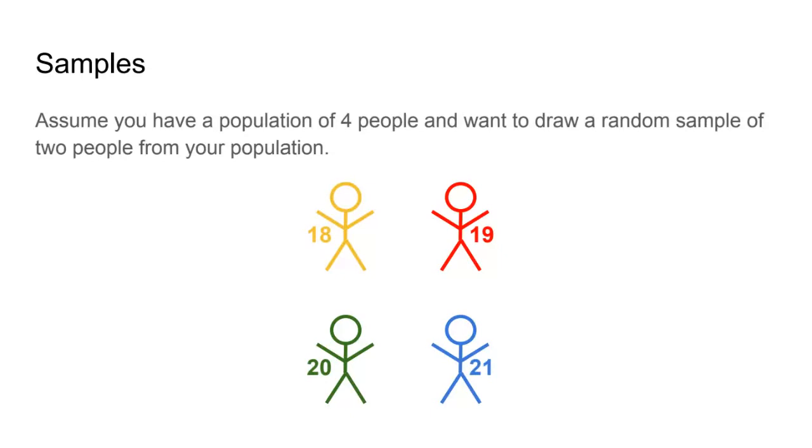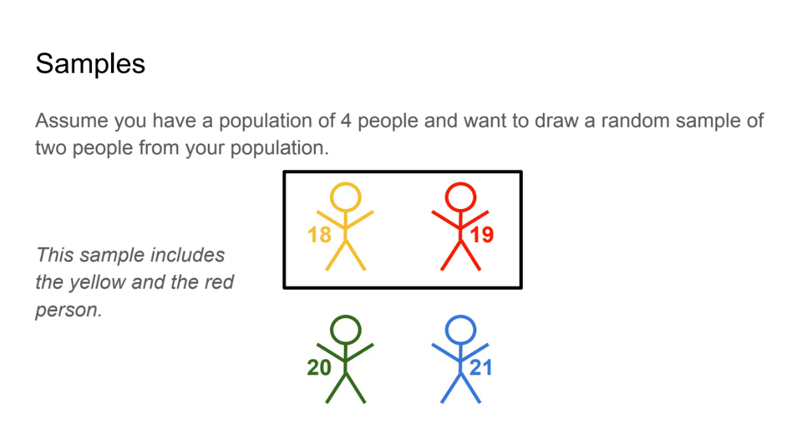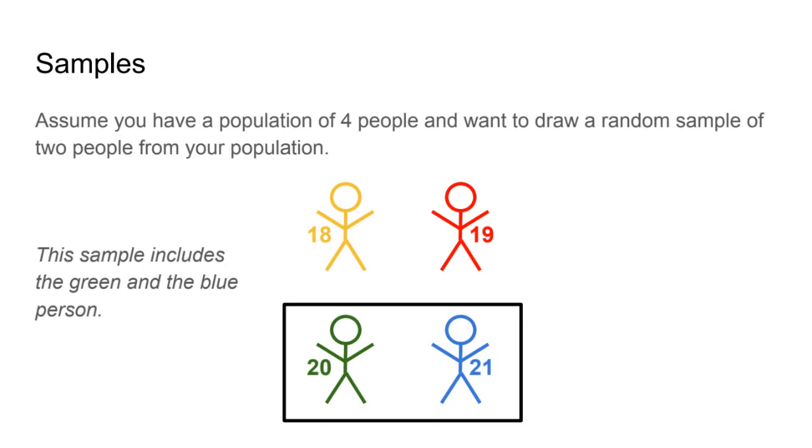So if I want to draw a sample of sample size 2 from those 4 people, then, for example, I could end up with a sample that includes the yellow and the red person. I could also end up with a sample that includes the green and the blue person, or a couple of other samples as well.